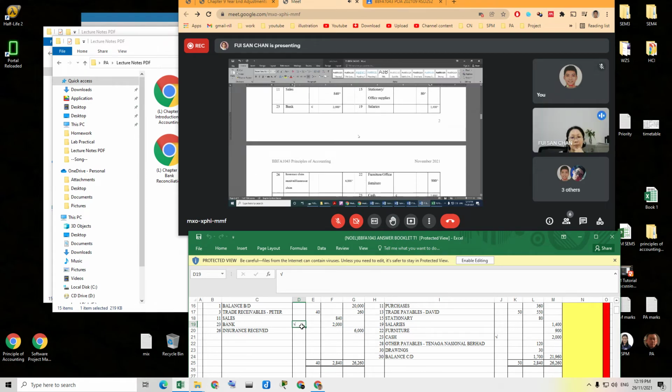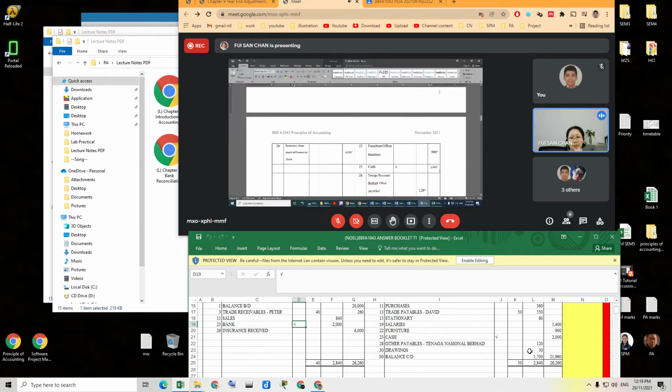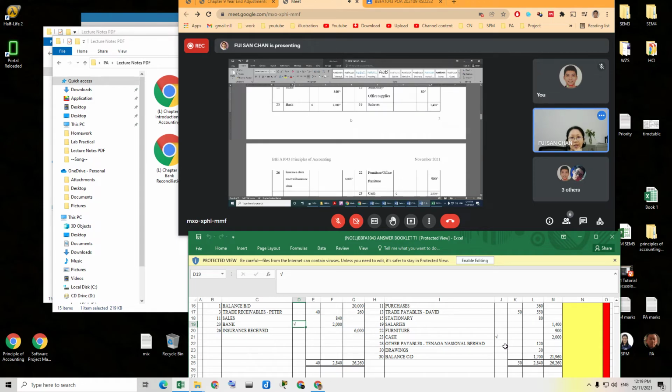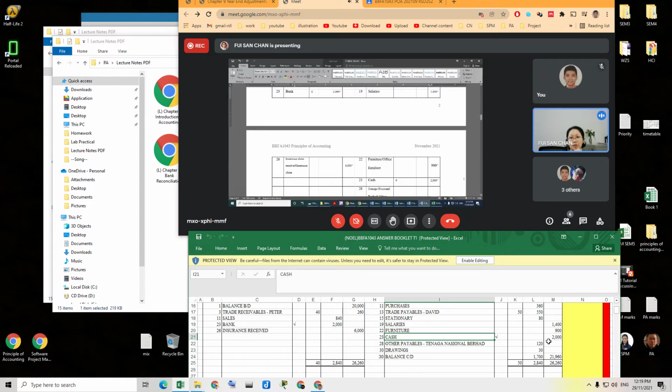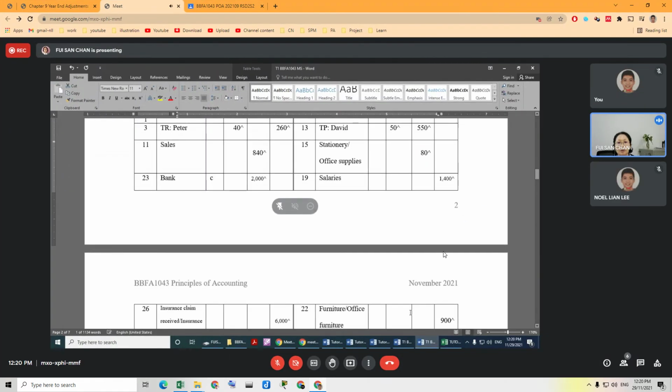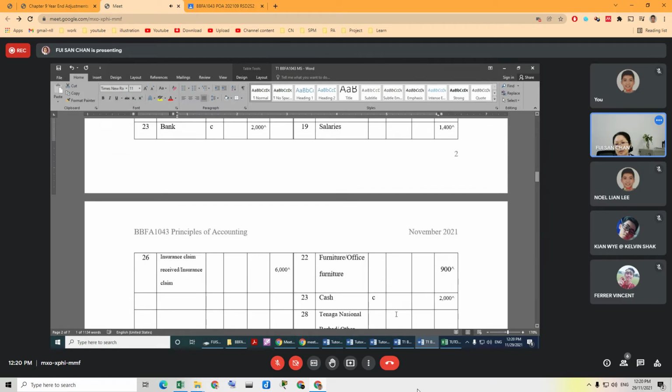Debit cash, credit bank. I got C instead of the tick. Also can, it's the same. I know you all put tick also can. C means contra. You put tick also can, you put C also can. Okay?